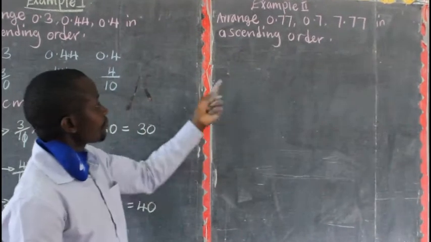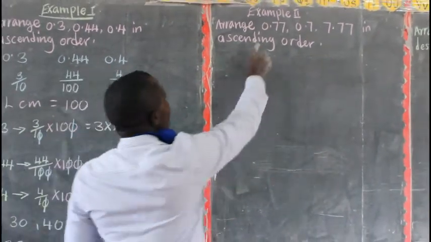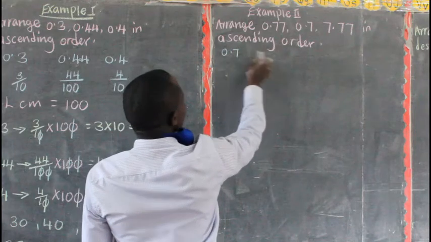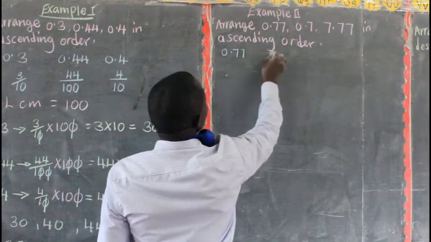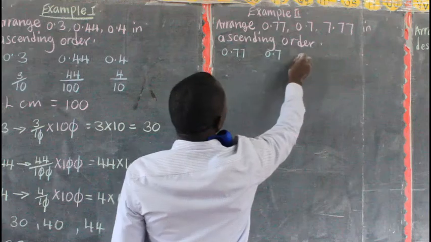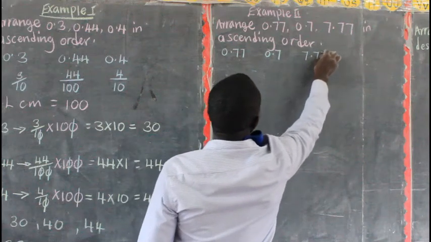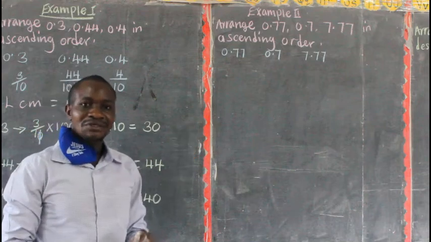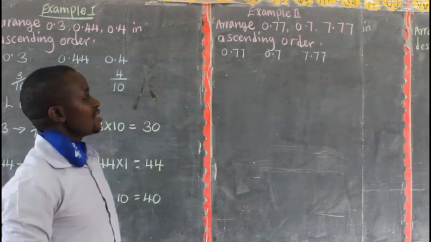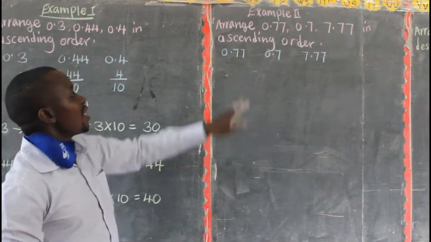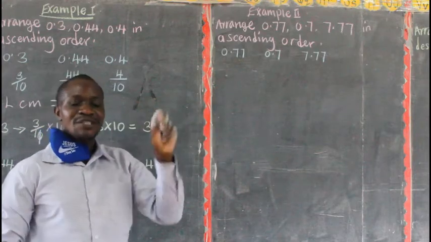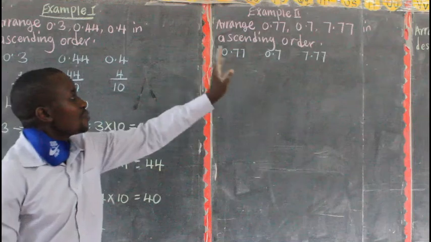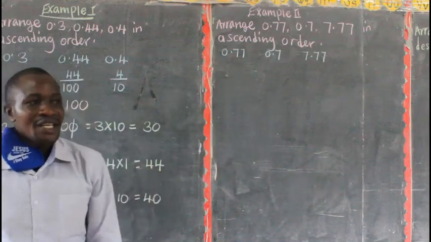So here also we are going to write 0.7, 7.77. You write each decimal as a common fraction. So here I said that the number of digits after the decimal point determines the denominator. If it is 1, it is out of 10.